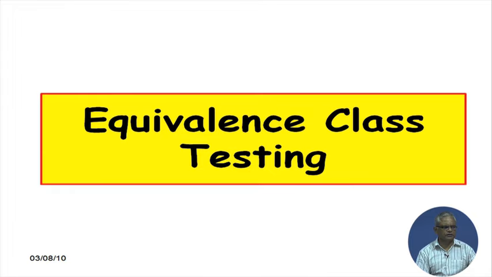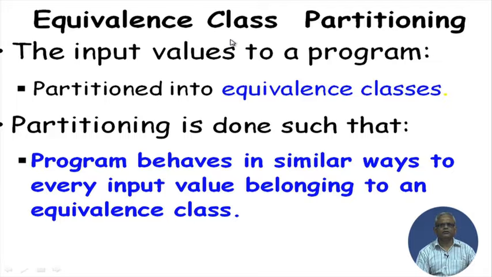First, let us look at equivalence class testing. In equivalence class testing, we need to construct a model of the domain called the equivalence partitions. So, we partition the input domain into equivalence classes.